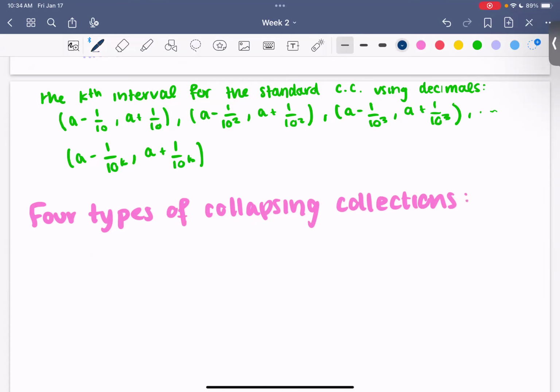And these really just depend on the types of intervals appearing in your lists. So the ones that we have looked at so far are called two-sided open collapsing collections.